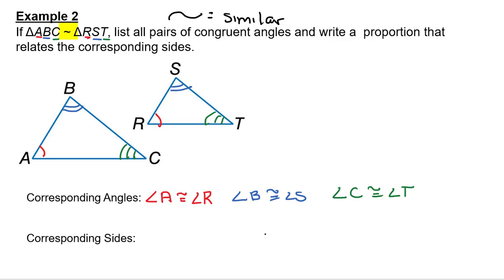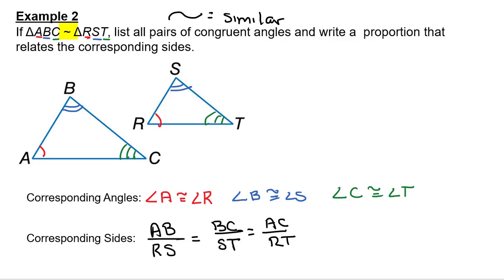But now we have similar triangles where our side lengths are proportional. So AB, the corresponding side, I'm going from angle A to angle B, so R to S. That proportion is equal to BC is to ST. And then lastly, you have AC is to RT.